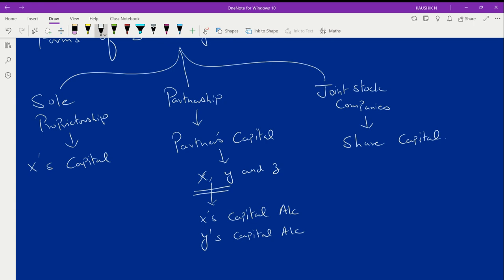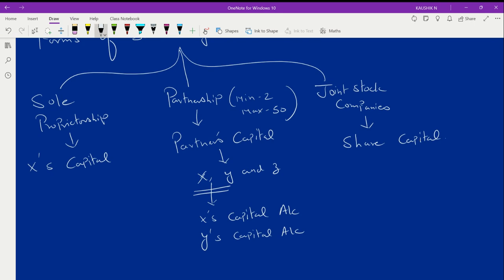In sole proprietorship, it is a one-man army, one man who has contributed the entire capital required for the business. In partnership, you have the partners contributing the capital, with a minimum limit of 2 and a maximum limit of 50, not beyond this.